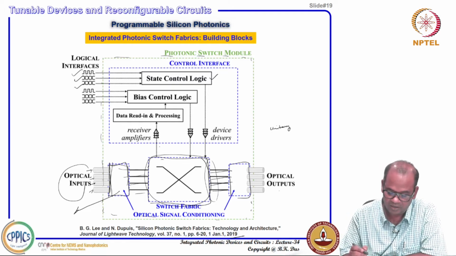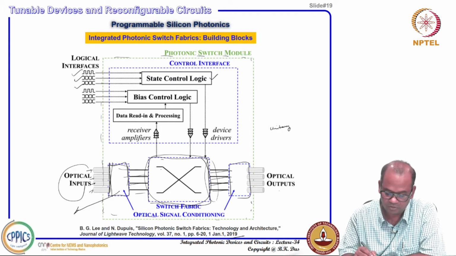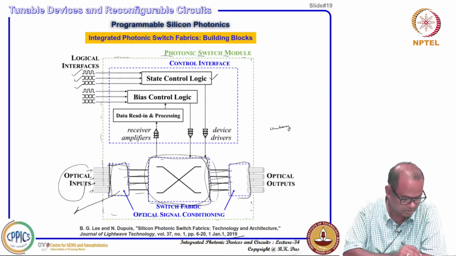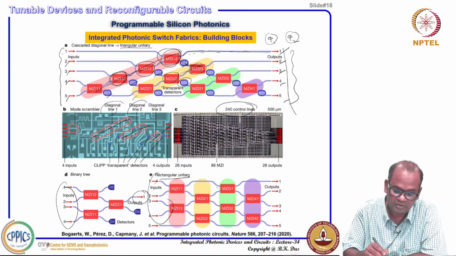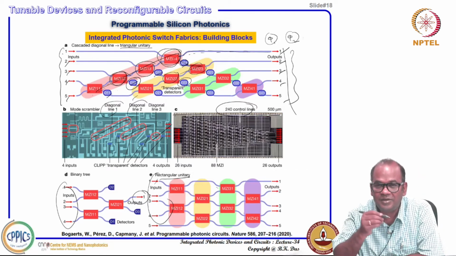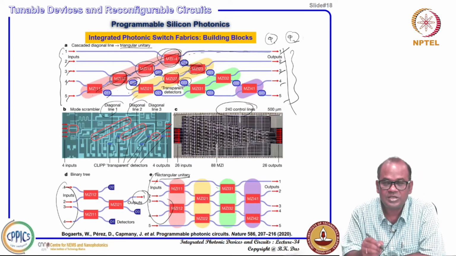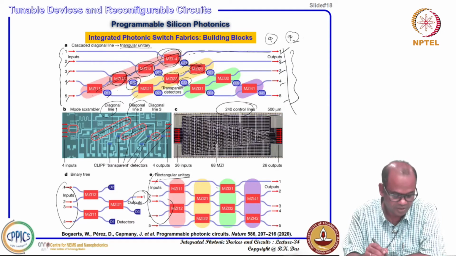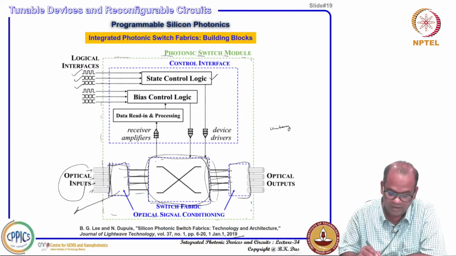Sometimes before you send it, you have to check, for example, in this case you have some kind of transparent detector. That detector can read the signal, whether power is right or not in that branch. That power you can read, and based on that you can give it to the feedback control here. So, that control logic will automatically adjust your bias, all those types of things.